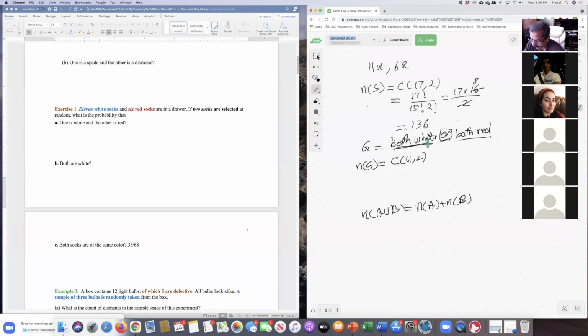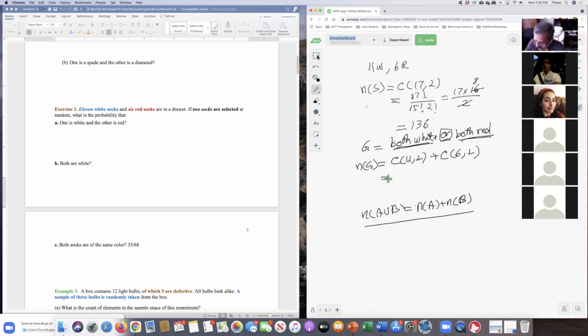Here you have both white, here you have both red, so there's nothing common, and they are mutually exclusive. So therefore, the intersecting part is empty, and so this is our formula. So C(11,2) plus C(6,2).